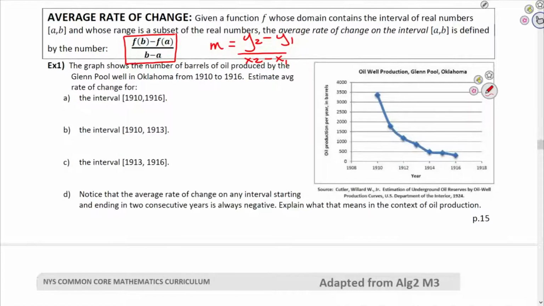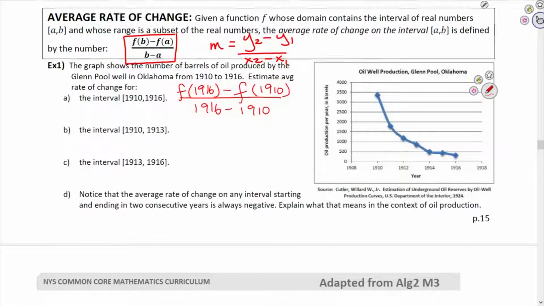Just following the formula, the function value at the last x value, 1916, minus the one at the very beginning of the interval, 1910, divided by 1916 minus 1910.